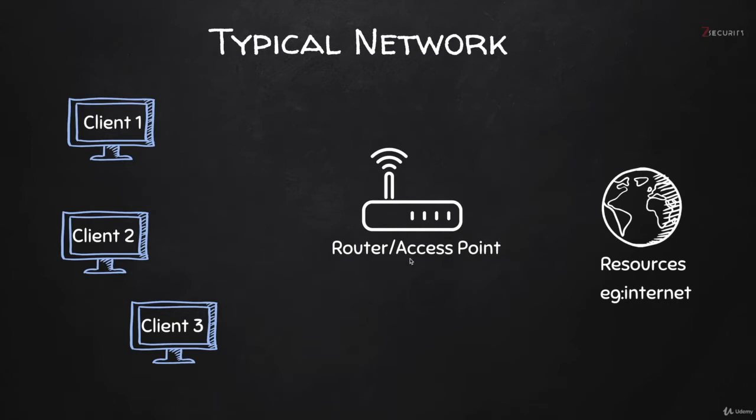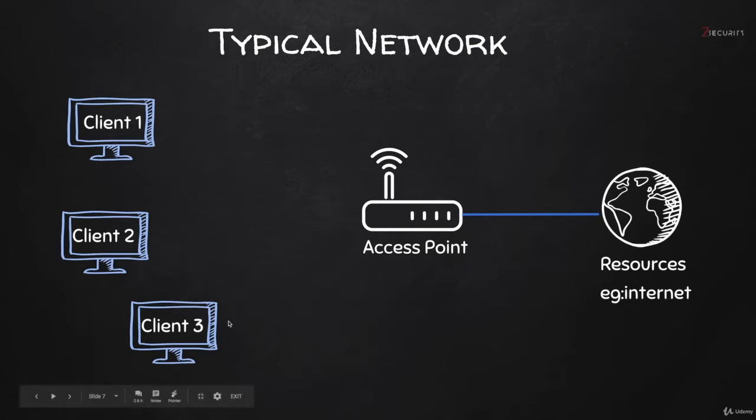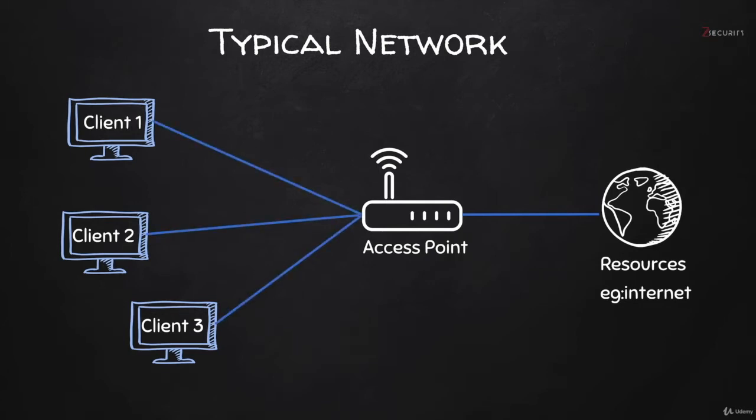This router or server or access point is the only device that has access to the resource. So none of these clients have direct access to the resource even after connecting to the network. The only way they can access the resource is through the access point.